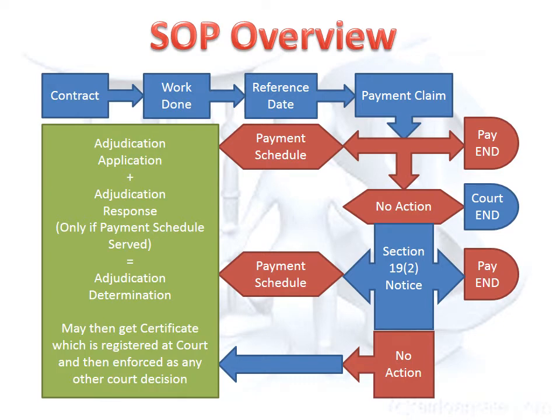Before going into each step of the security of payment process, we will have a look at the overall process. The flowchart you see on the screen now gives a general overview of the process across Australia.